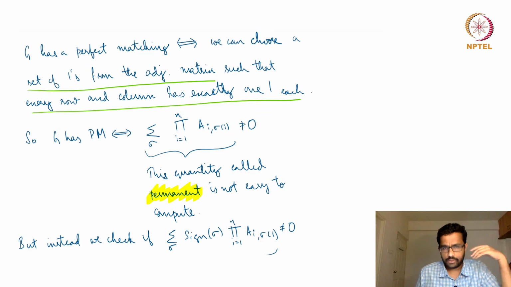In fact, it has been shown that it is at least as hard as NP, right? So this quantity is called the permanent, and it's not easy to compute, right?